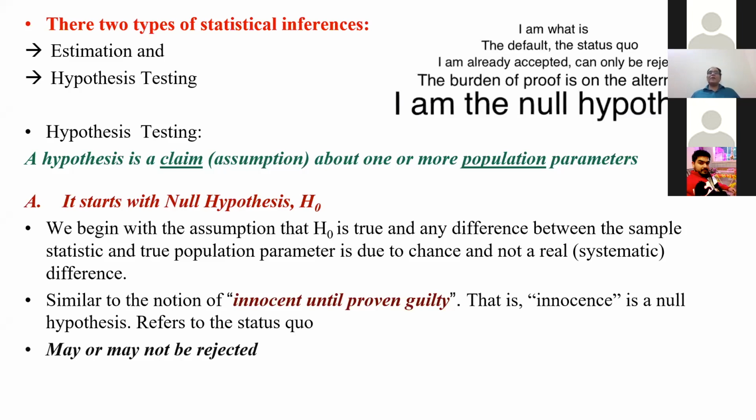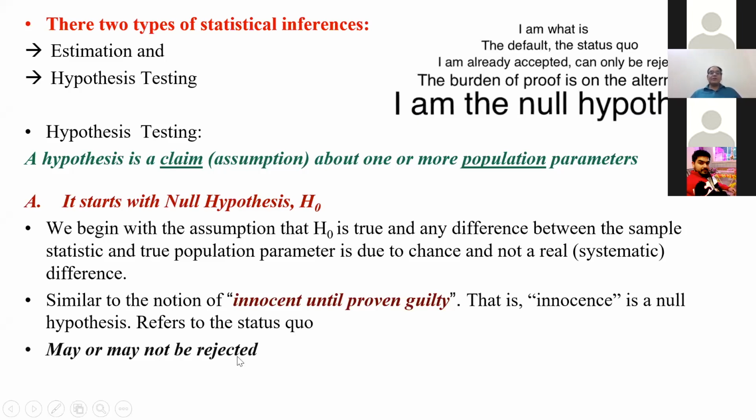You can only reject this. So you have to understand the hypothesis in this manner, that null hypothesis means a status quo which is already there, and it is called neutral assumption. Null hypothesis is known as neutral assumption. It cannot be accepted, it can only be rejected, right?